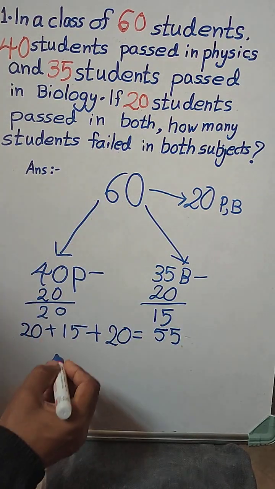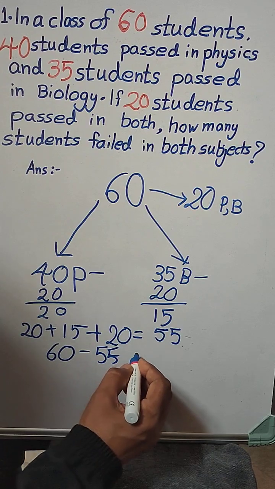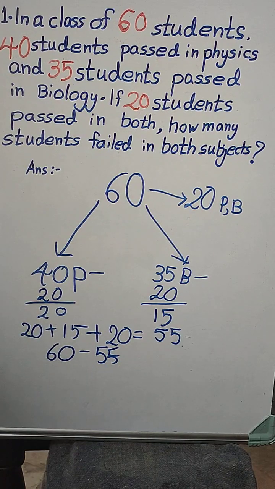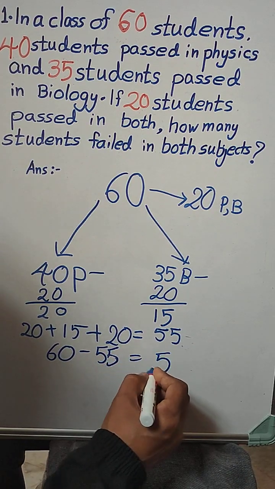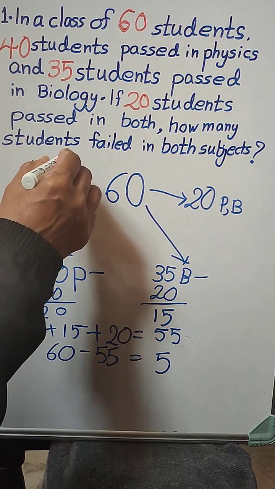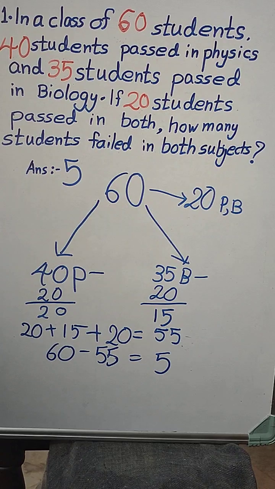Here 5 remains, 60 minus 55 is equal to 5. So 5 students failed in both the subjects.